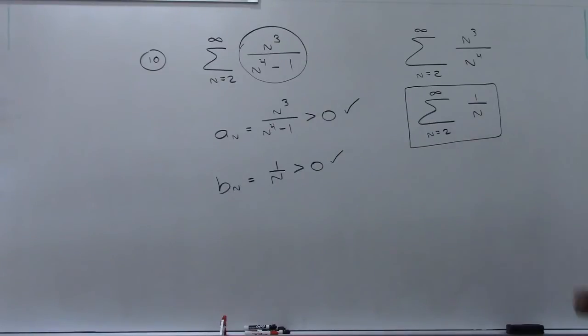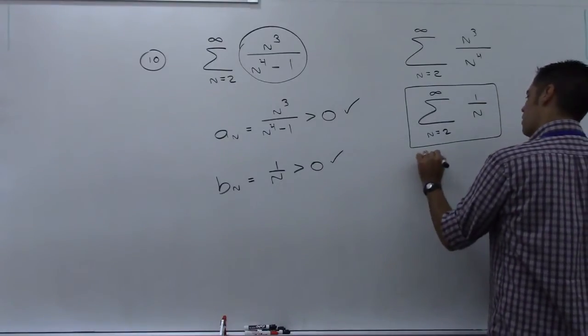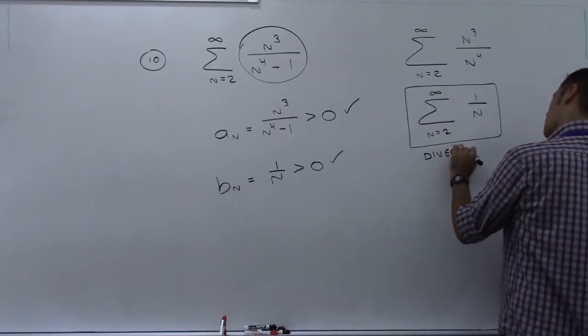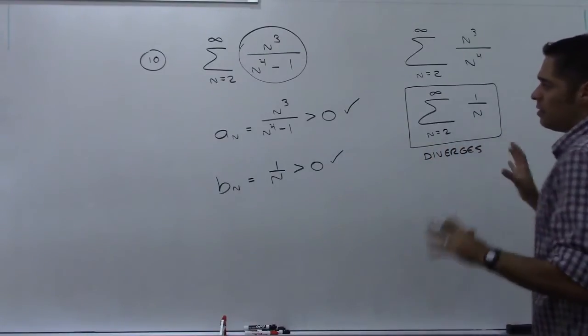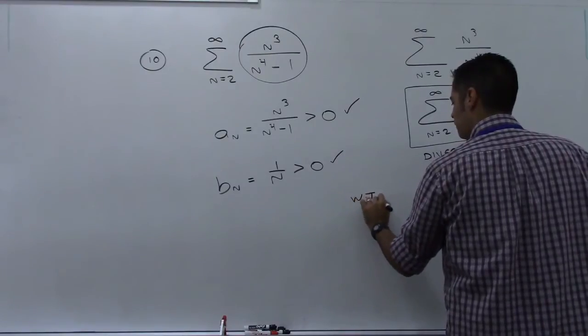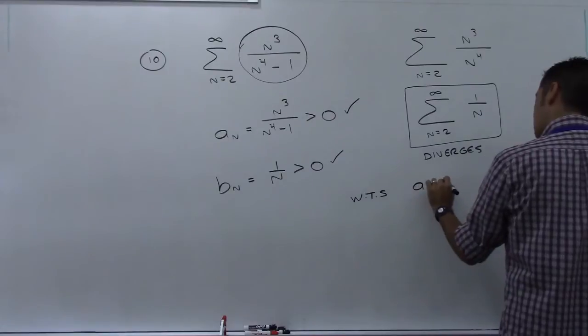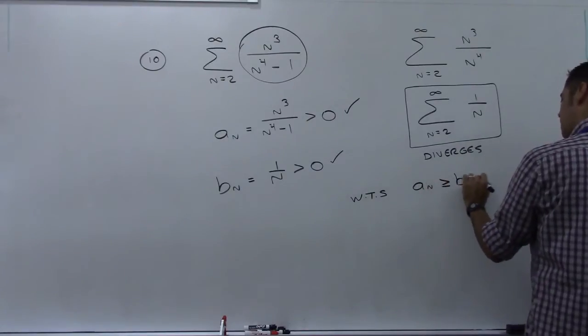Well, this is a harmonic series. We have 1 over a linear expression, or you could say this is a p series with p being 1, right? That's 1 right there. And so it's going to diverge. And if it diverges, then there's something a little different that I want to show. I want to show that a sub n is always bigger than or equal to b sub n.